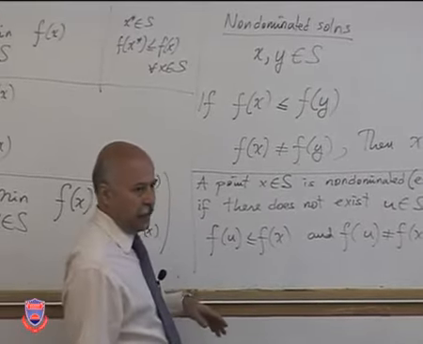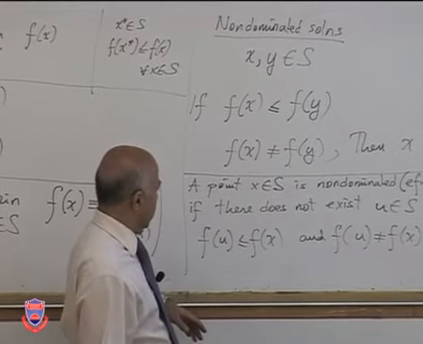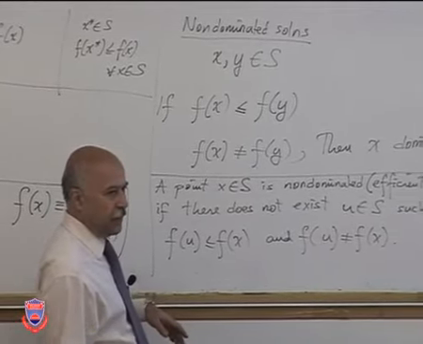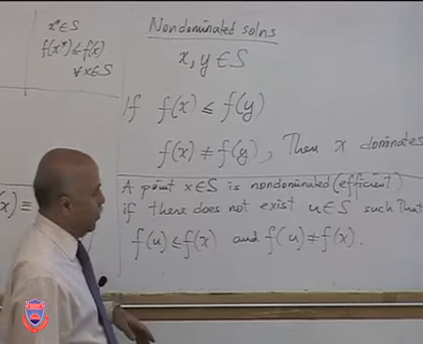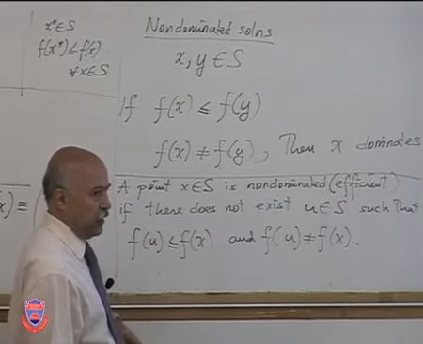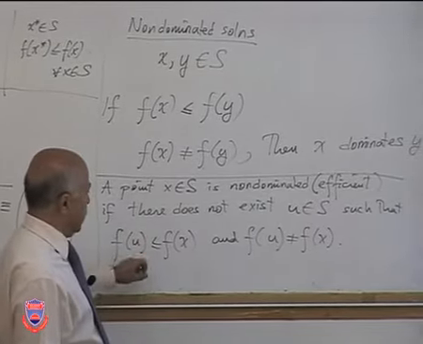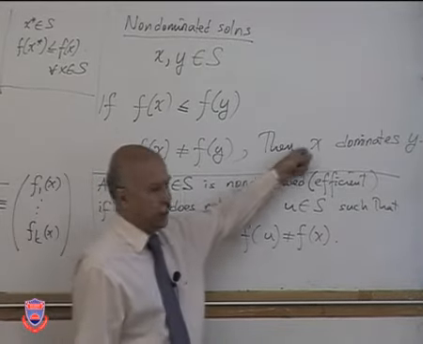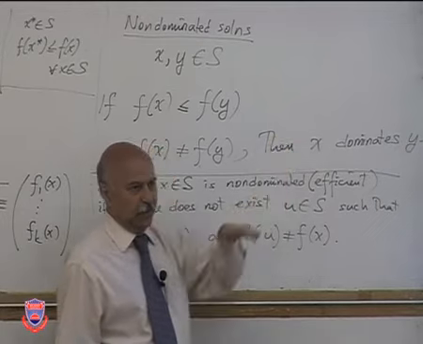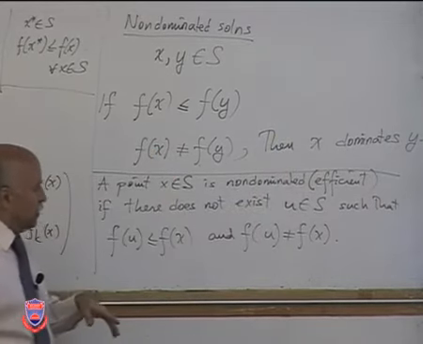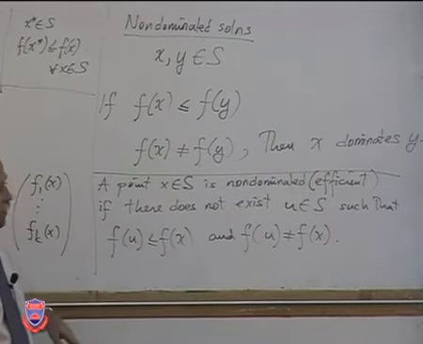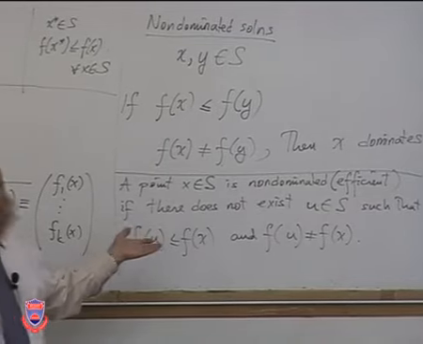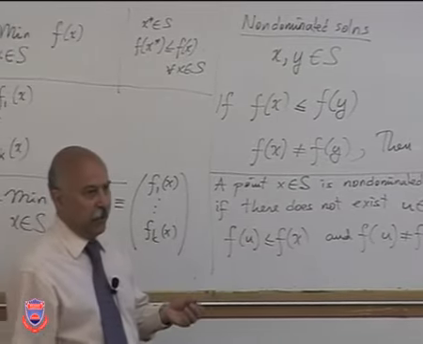If it's not true for all u, then doesn't that mean that f of x is less than or equal to f of u for all u? No, it doesn't mean that. This simply says that there's no u which dominates x in the sense I defined it. x can dominate certain things, but may not dominate other things.